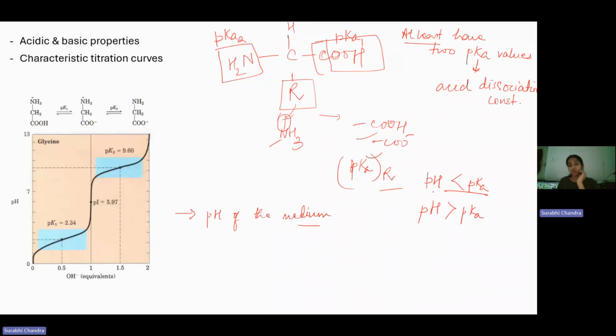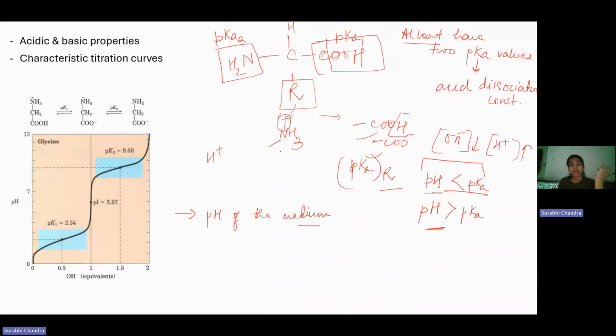Now, when pH is low, what does it mean? It means the OH minus concentration is low, or the H plus ion concentration is higher. This will be reversed when pH is higher. When H plus ion is at higher concentration, for an amino acid, COOH won't try to lose its proton because H plus is already abundant in the medium.